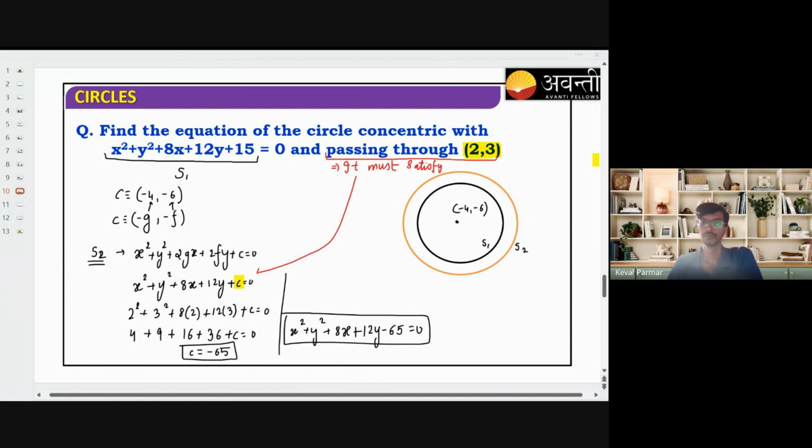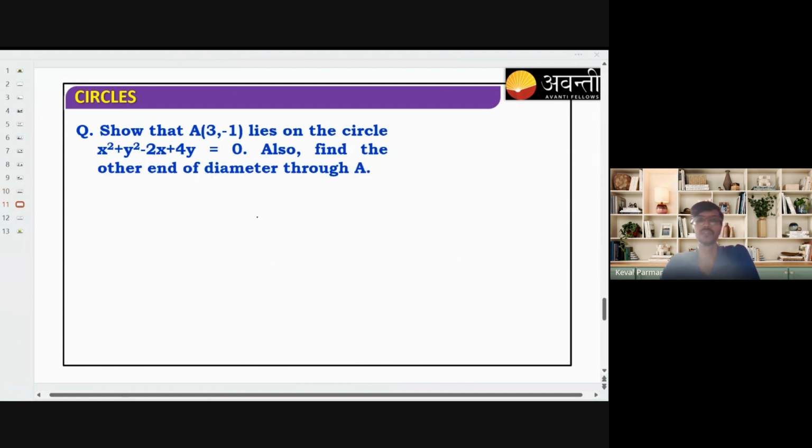Chalo. Let's see the next question. Show that this point lies on the circle. Also find the other end of diameter through it. So what does this mean is, let me explain it to you.